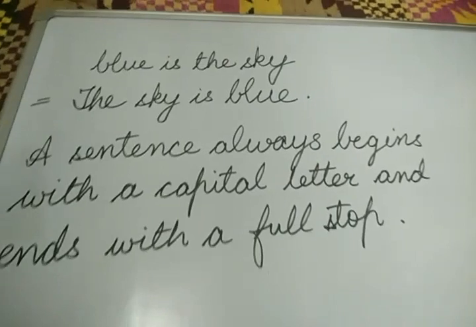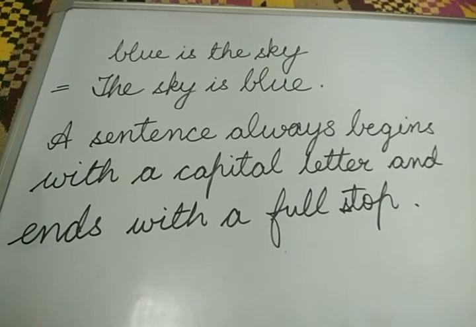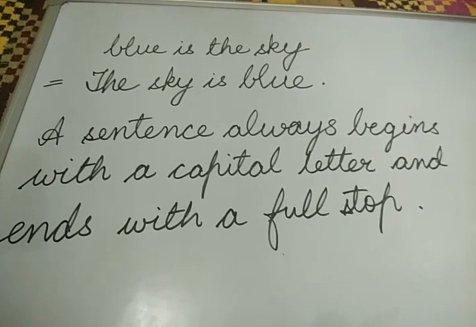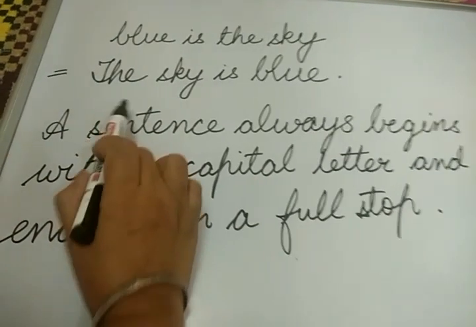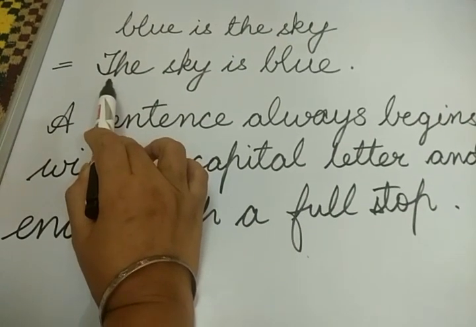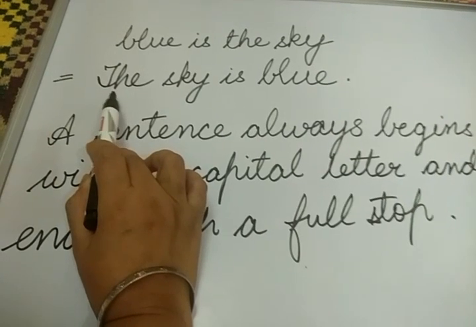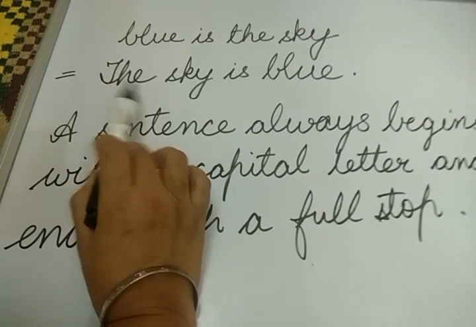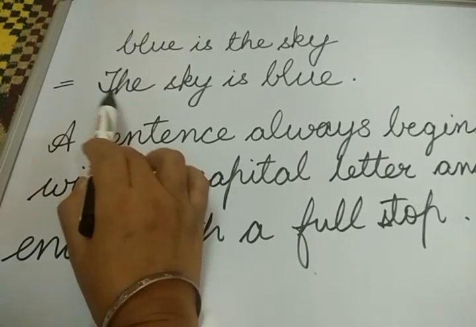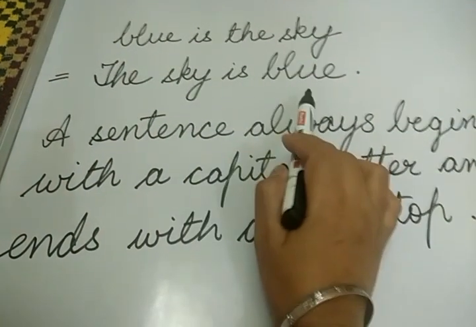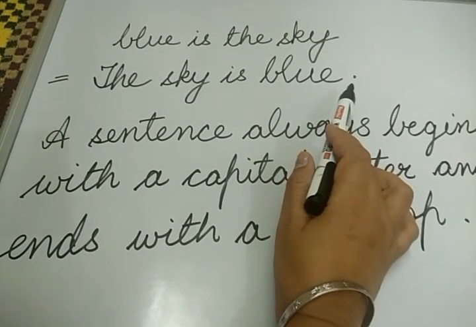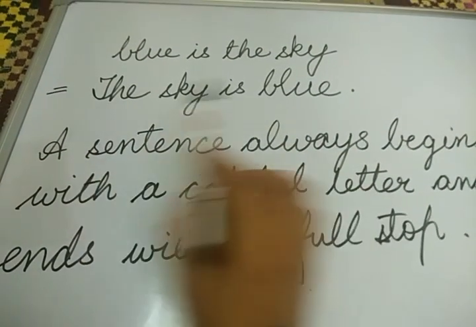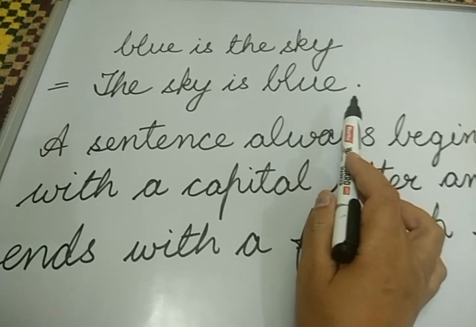Whenever you begin a sentence, it always begins with a capital letter. Like you can see in the example above, this sentence begins with "the". So here the T will be capital because it is the beginning of the sentence. And when the sentence is complete, the sky is blue, there I have put a full stop. So the sentence always begins with a capital letter and ends with a full stop.